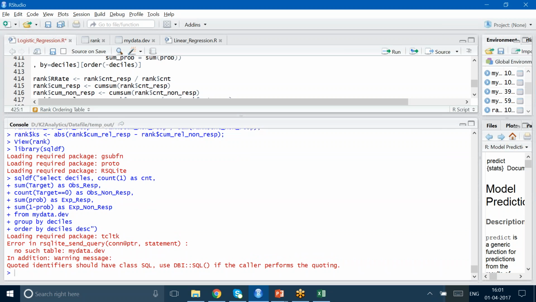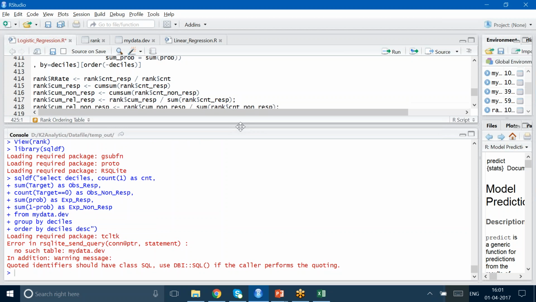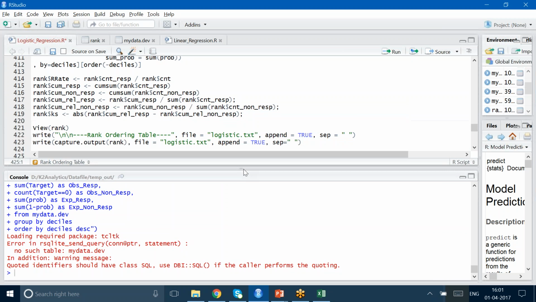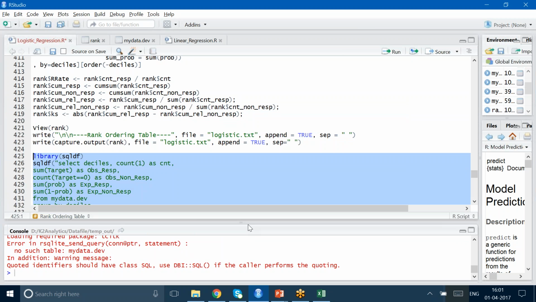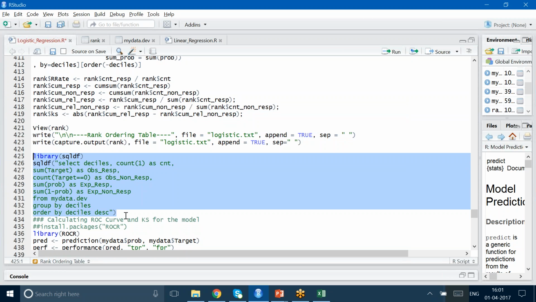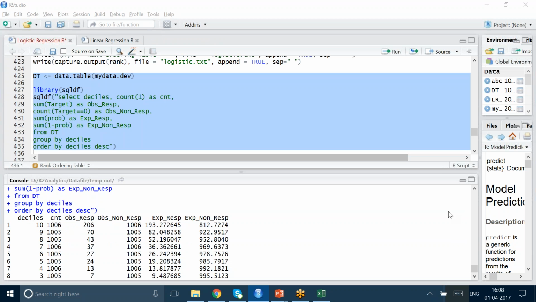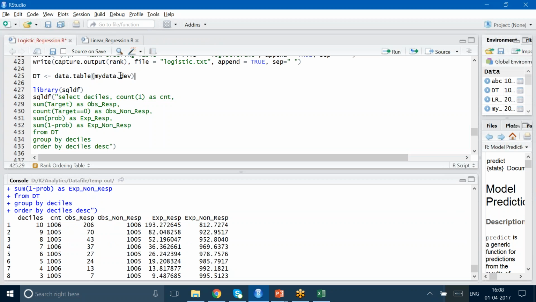Why is it not showing me output? Library. Okay, let us see, that syntax was giving some error.